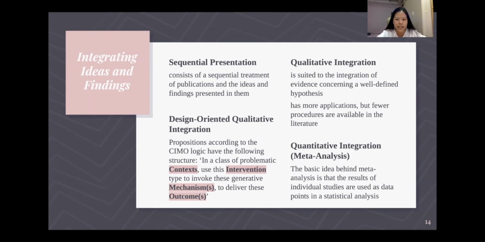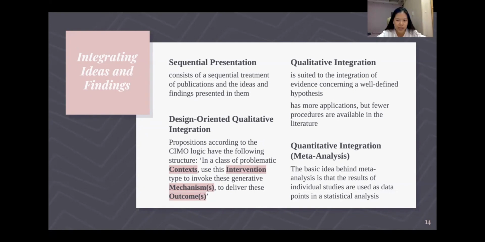When we take this sequential treatment a step further through qualitative integration, this approach is suited to the integration of evidence concerning a well-defined hypothesis. The qualitative integration of findings has more applications but fewer procedures are available in the literature.